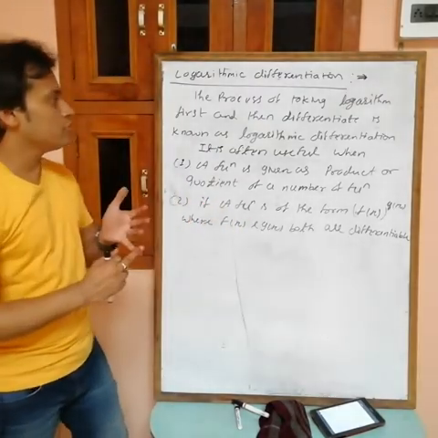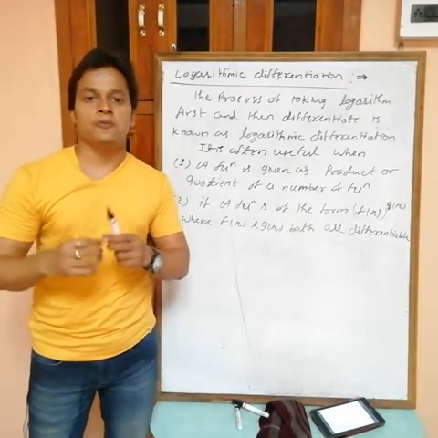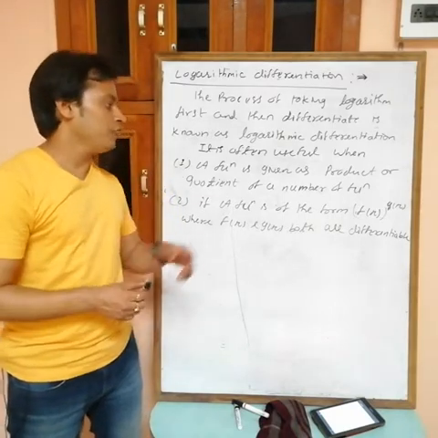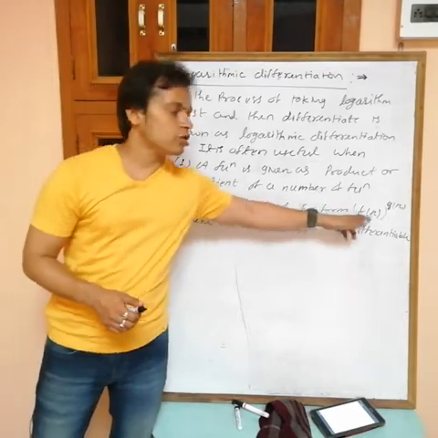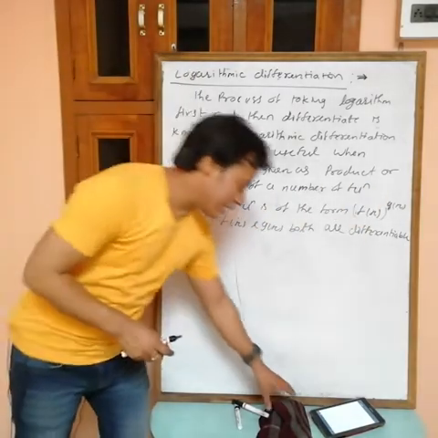So when do we have to use logarithm? If in any question it is given that there is a function which is a product or division of a number of functions, and second, if a function is given in function power function form, then also we have to use logarithm to differentiate. Okay, write down.